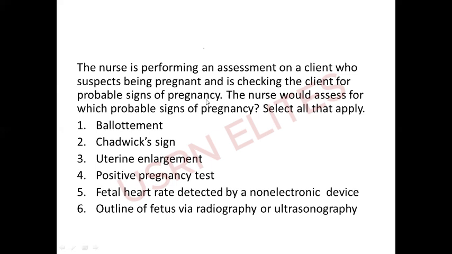We have Ballottement, we have Chadwick sign, we have uterine enlargement, we have positive pregnancy test, we have the fetal heart rate detected by a non-electronic device. We have an outline of the fetus via radiography or ultrasonography. This is very simple. We just went through this together. So I believe that anyone here should be able to attend this without difficulty. All right. Okay.